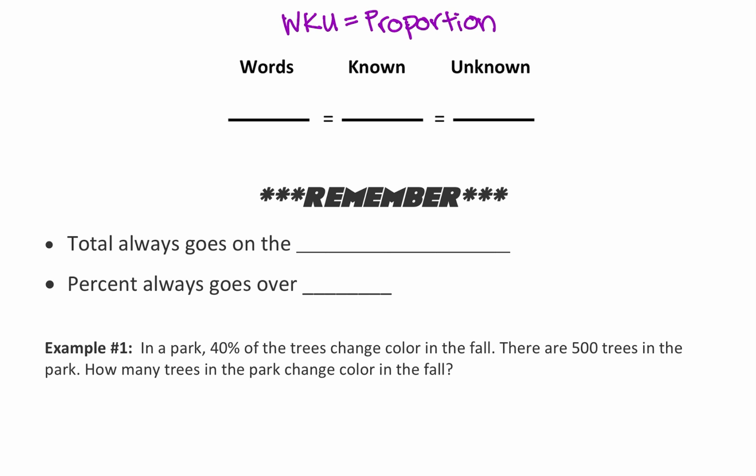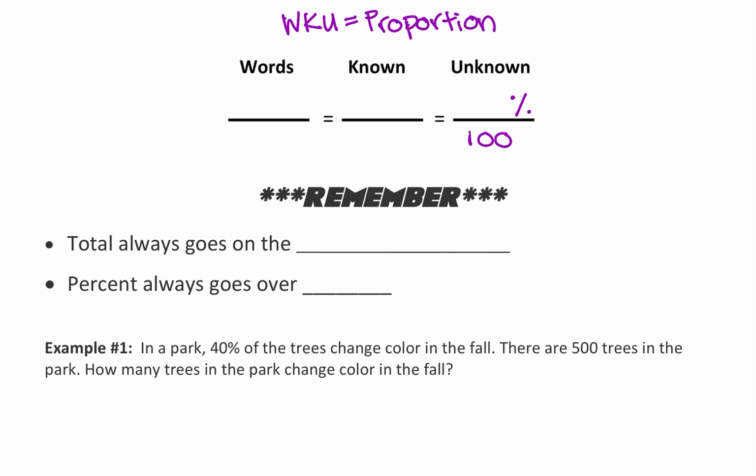So in our proportion, our percent, we have already discussed. We know percent goes over what? 100. So if percent goes over 100, okay, we are going to input that at the back of our proportion. So we are going to put percent over 100 and our unknown always.